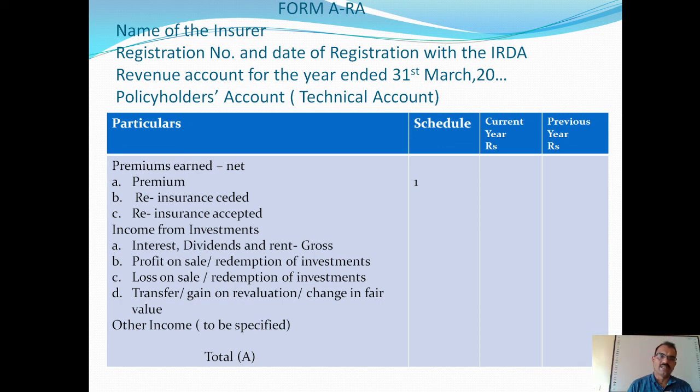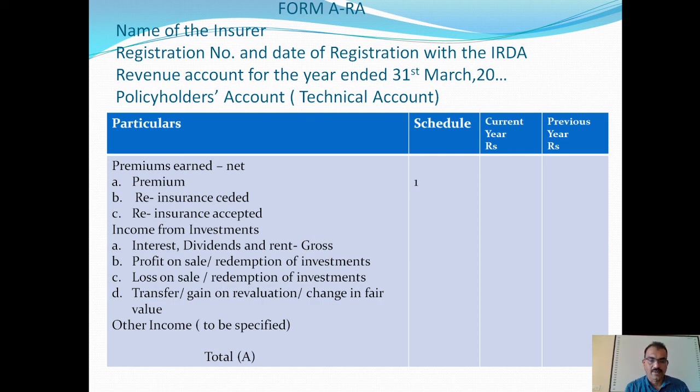Sometimes we give a part of the insurance to other parties, and sometimes we accept insurance from other insurance companies. So the insurance premium related to reinsurance is what is called reinsurance ceded and reinsurance accepted. So the second item is reinsurance ceded, and the third item is reinsurance accepted.